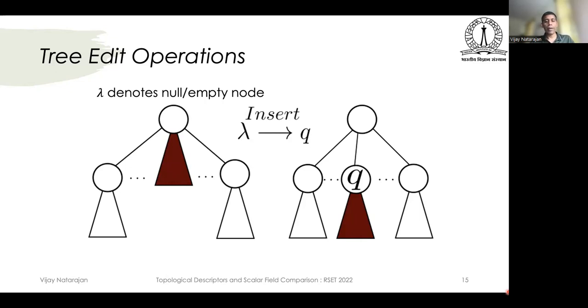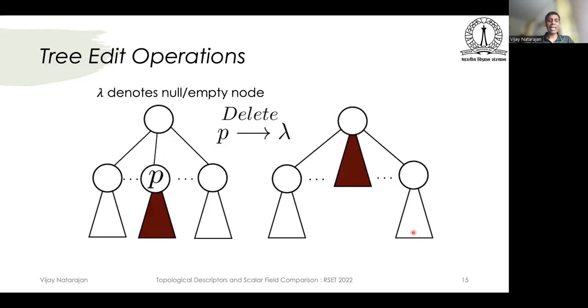So we talk about this as lambda going to Q, or a null node going to Q, essentially inserting Q. Q can be inserted anywhere in the tree. It can be a saddle in this case, or it could also be a minimum or a maximum, in which case it will be a leaf node.